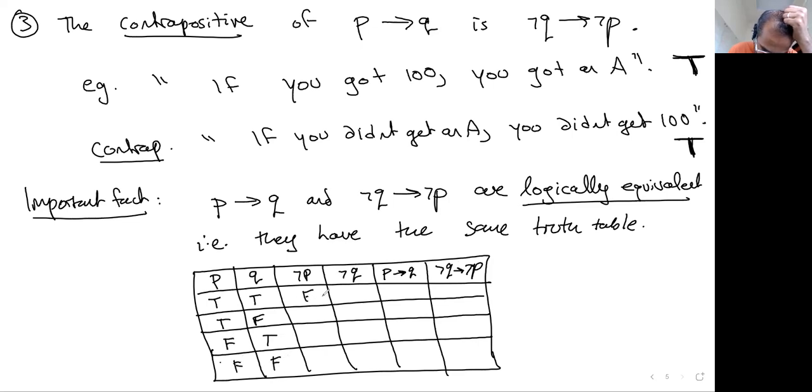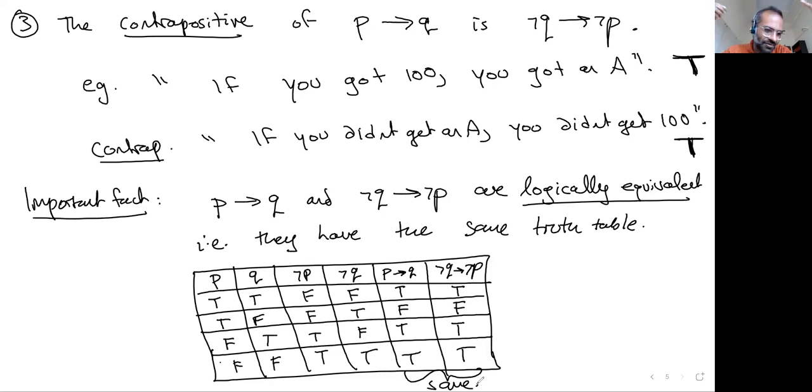So not P, you just flip everything. Not Q, you just flip everything. And now P implies Q: true, false, true, true. Not Q implies not P: it's true in both the false cases, it's only false here, and it's true here. And then these two, you can see, are the same. So this is a linguistic manipulation that you can always do that preserves truth.